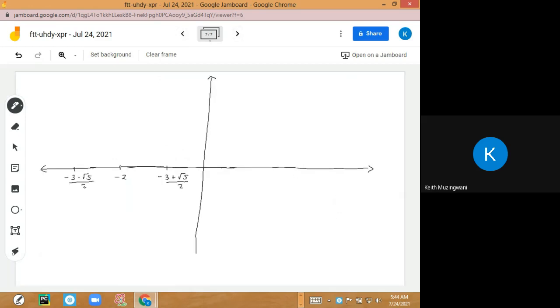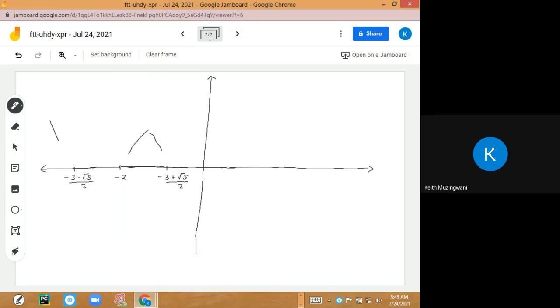So now this means that our graph will not cross the x-axis on the positive side. It was supposed to be coming down like that, so that it goes up and then goes down until it crosses the y-intercept, which is in the negative.